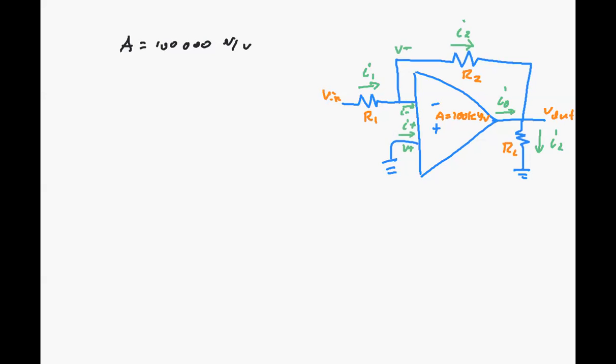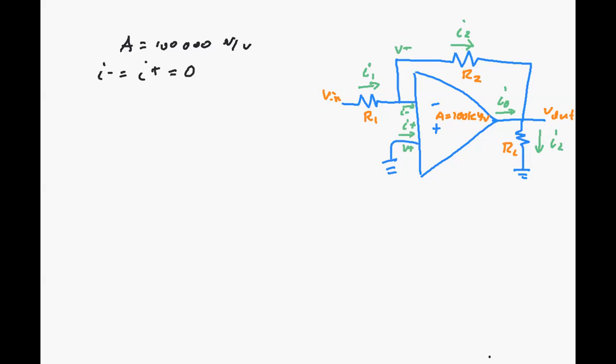So again, we have I minus equals I plus. Those are the currents going into the op amp, this current here and this current here, and again, those are equal to 0.